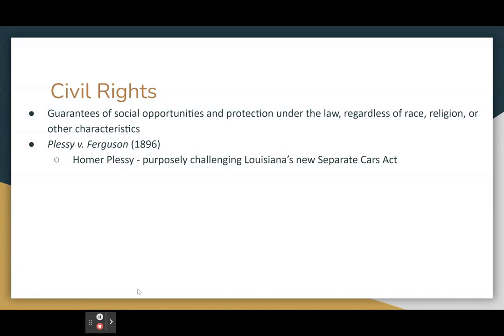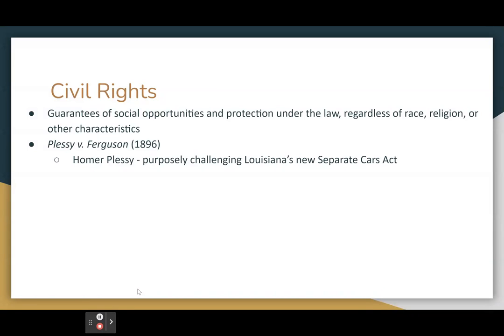He had to go to places that were deemed entirely for black people. And this is what is important. In Louisiana, the state government had just passed this law called the Separate Cars Act.